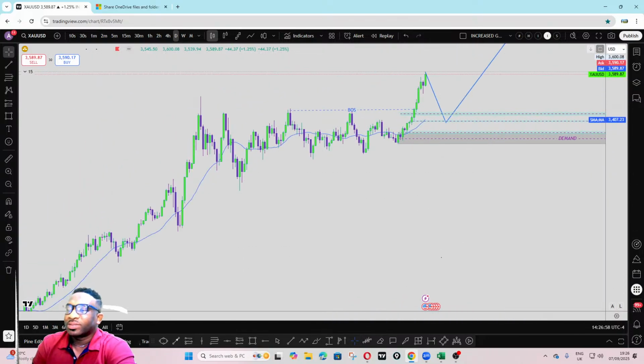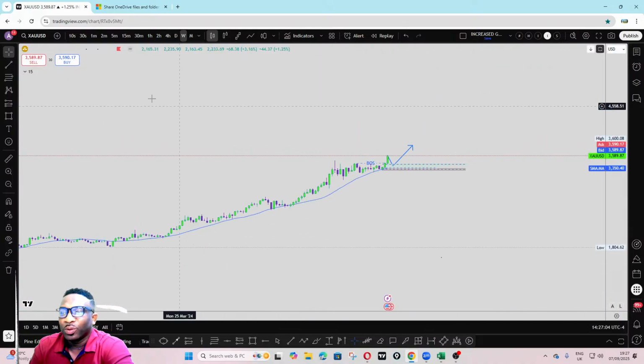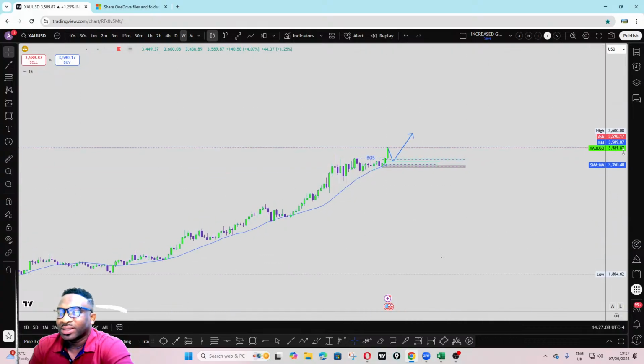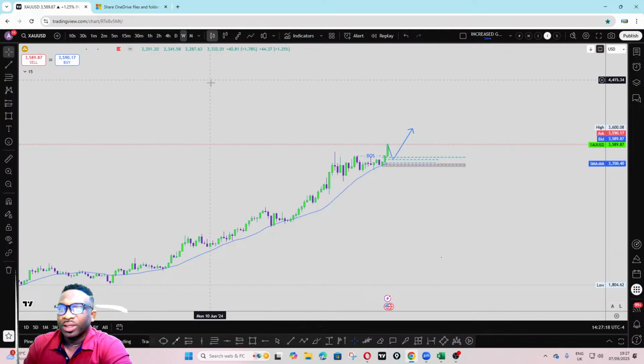Because looking at the charts now on the weekly, this is an all-time high. There's no data on the left hand side to base our analysis on. So price is most likely reaching out for any liquidity above or along the way to a higher ground, but there is no data here. This is an all-time high.